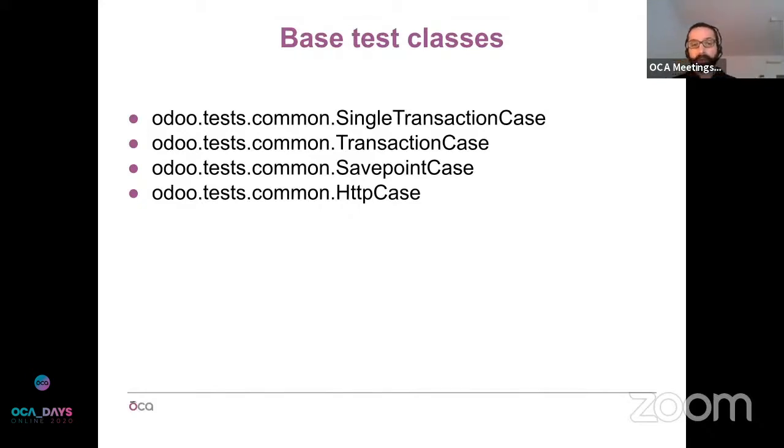Then there is the SavepointCase, which is similar to the SingleTransactionCase, because all the tests run in the same transaction. The difference is that after every test, the transaction is rolled back to a savepoint.